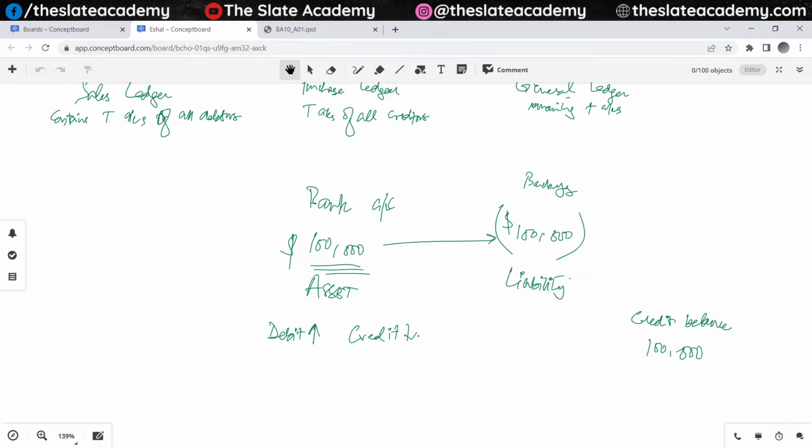And then whenever I deposit money with the bank, the liability that the bank has towards me would increase, right? So my deposits in my bank account are shown as credit transactions, and my withdrawals from my bank account are shown as debit transactions.